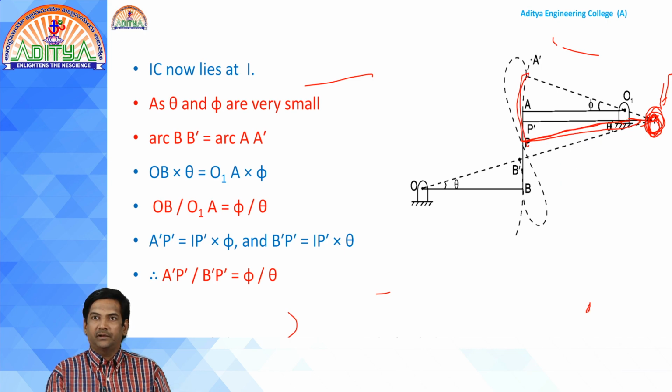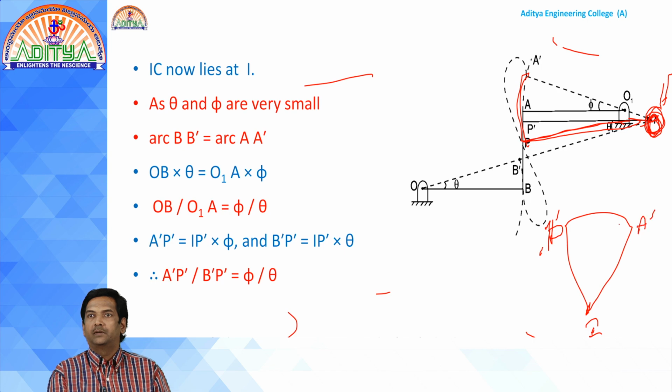If you draw it somewhere like this, this will be I, this will be some P dash and this will be some A dash.